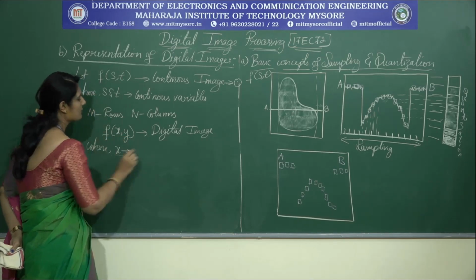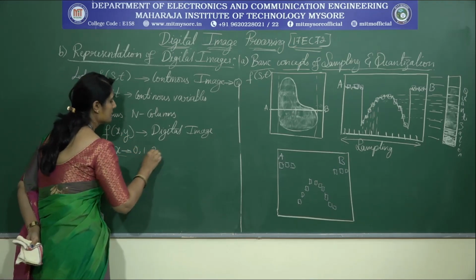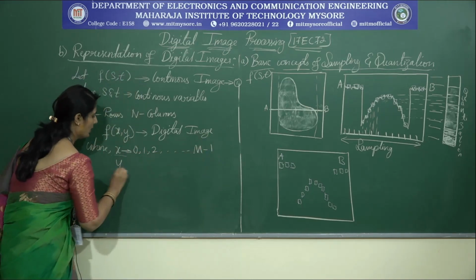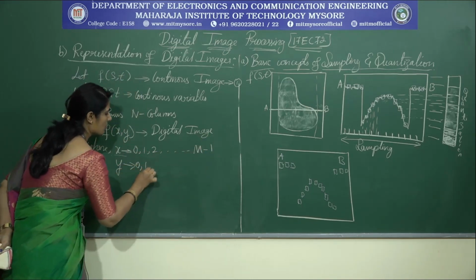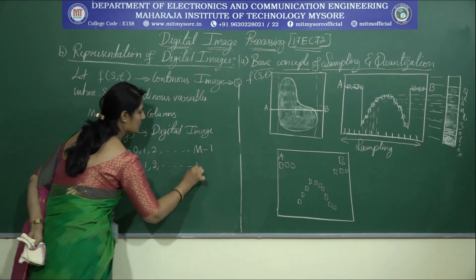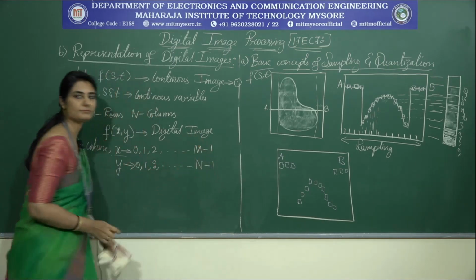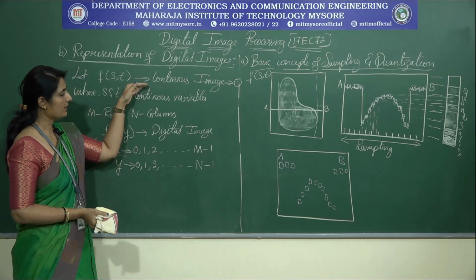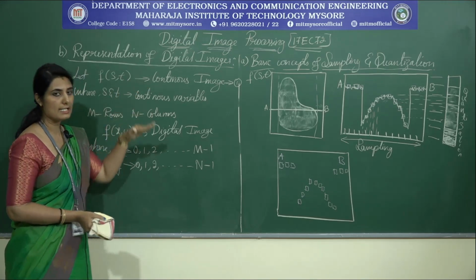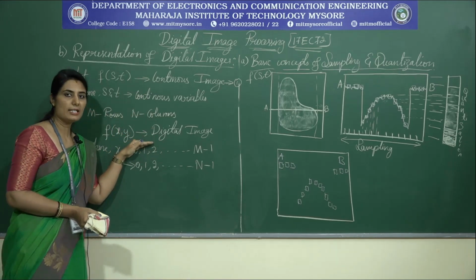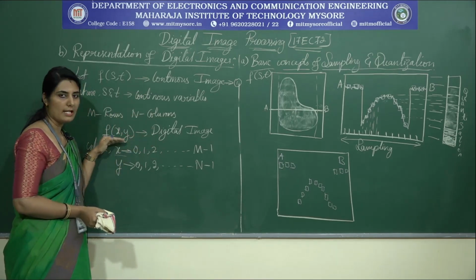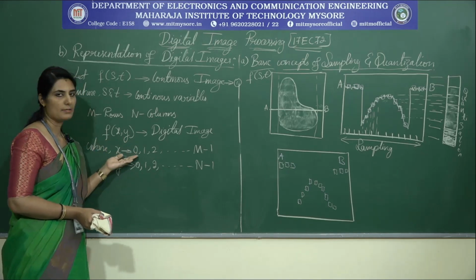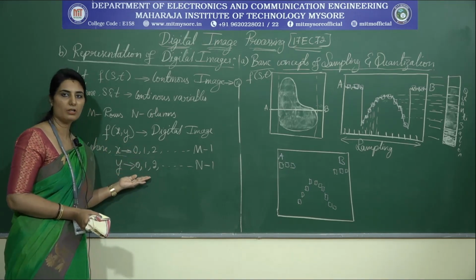So x varies from 0, 1, 2 up to m minus 1 and y from 0, 1, 2 up to n minus 1. Right. So when a continuous image is converted into a digital image, I call that image f of x comma y, where x and y represent the number of rows and number of columns.